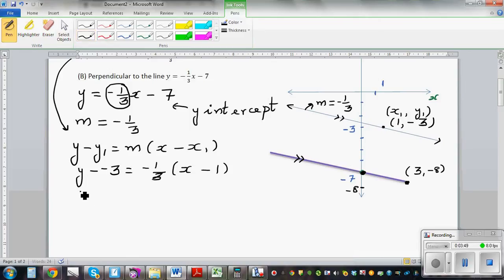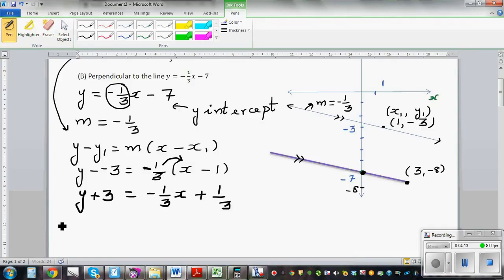So this is y plus 3 is equal to negative 1 over 3x. And negative, first multiply the sign. So negative times negative is positive, and then multiply the numbers. 1 over 3 times 1 is 1 over 3.